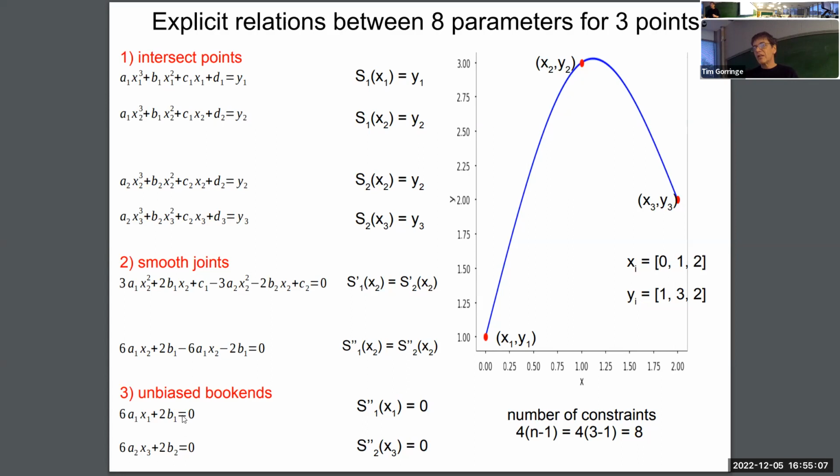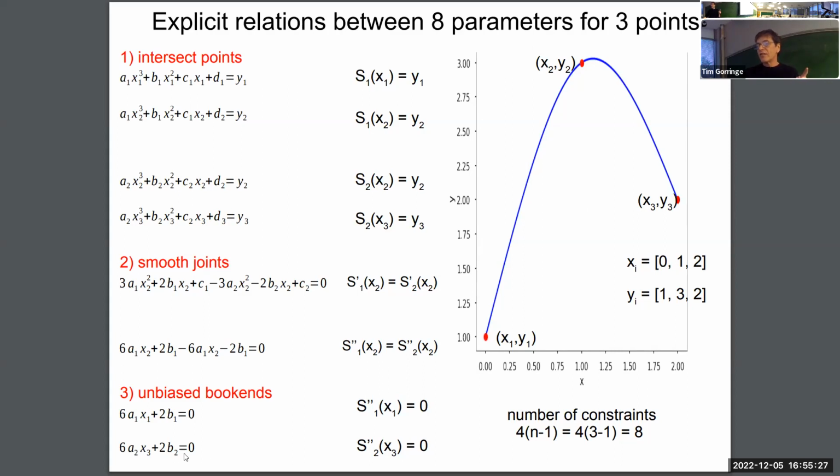And then finally, these last 2 equations here. The top one is the second order differential of the polynomial on the left-hand side to get the curvature, and setting that equal to 0. We're saying we want no curvature at this point here.